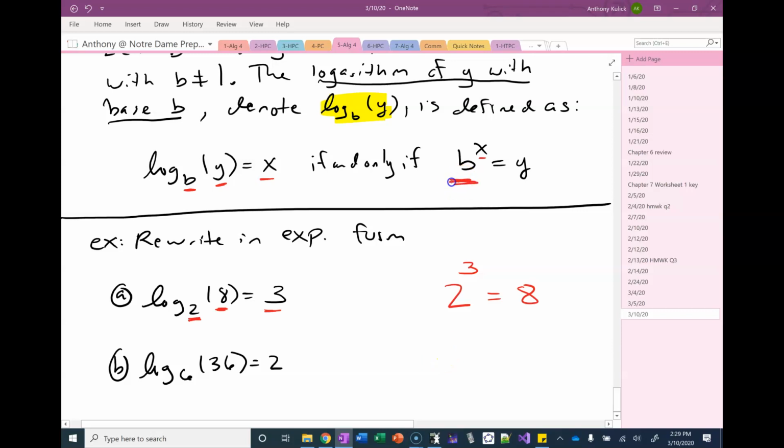So the b in my exponential equation is going to be what number? 6, because it's the base in my logarithmic equation. Okay. What is the exponent in my exponential equation going to be? 2, because that's the solution in my logarithmic equation. And what is the solution to my exponential equation going to be? 36, because that's the argument in my logarithmic equation. Olivia? Of course.